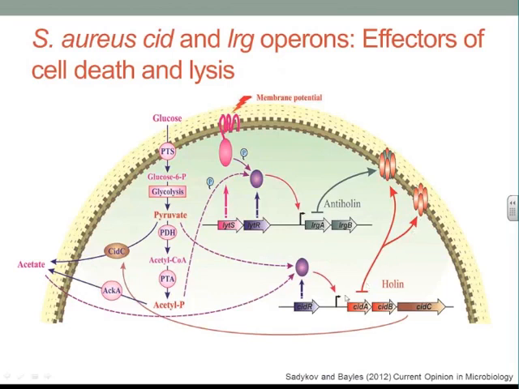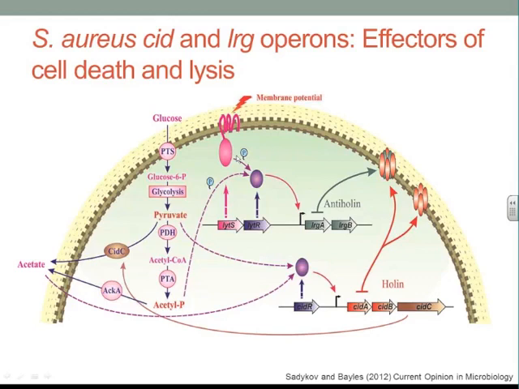We believe CidA is a holin-like protein, and these proteins get embedded inside the membrane, causing pores and causing cell death. To combat the holin-like protein CidA, we propose that LrgA is actually an anti-holin-like protein that essentially plugs up these pores and doesn't allow the cell death processes.